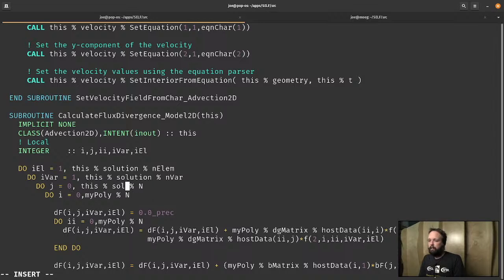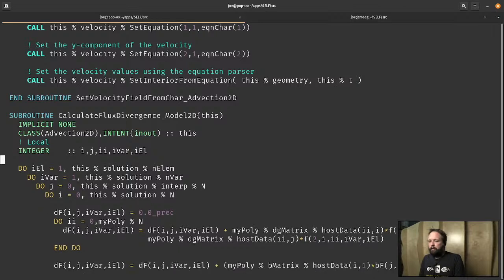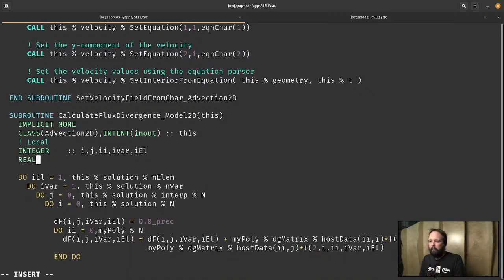So that's this solution percent interp. It's the interpolant associated with that guy, and we'll do the same thing here. Okay, I do need to get this accumulator. Actually, this df, let's go ahead and set up an accumulator variable. That'll be a little bit more friendly. So we'll do this.